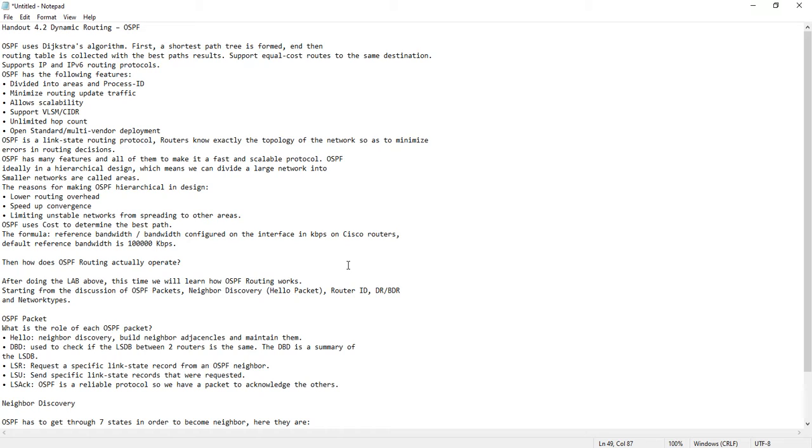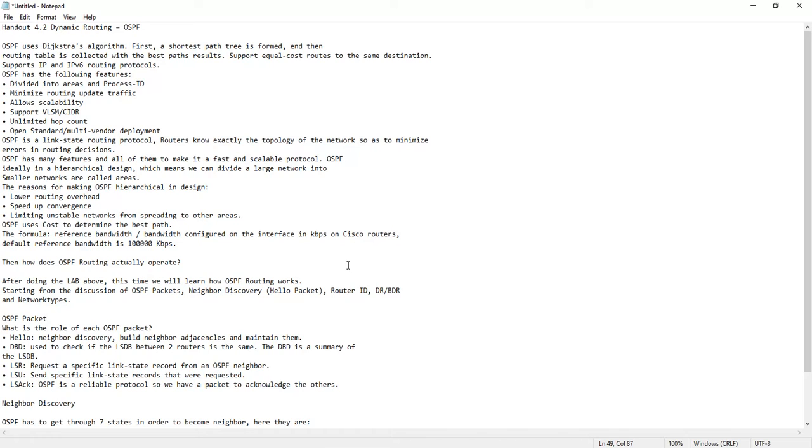The reasons for making OSPF hierarchical in design are, one, lower routing overhead, two, the speed of convergence, and third, limiting unstable network from spreading to other areas.